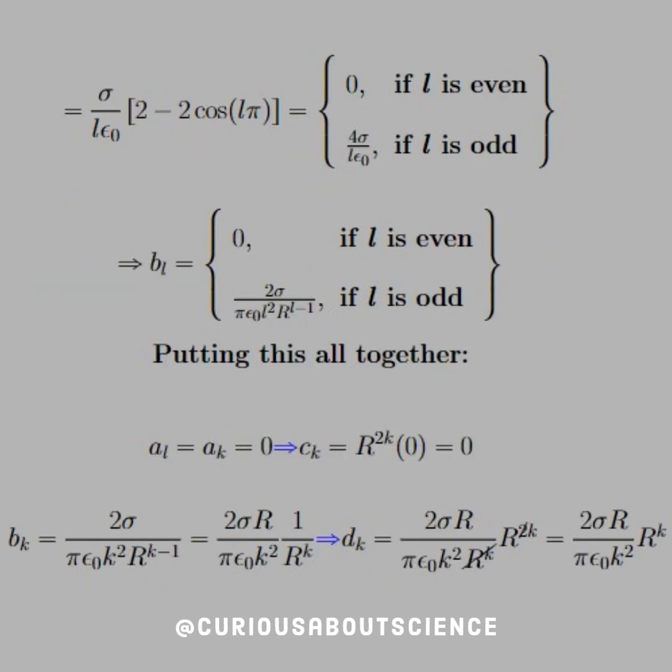Then for k equal L, we evaluate the same way, but this time with the piecewise distribution, we see that the integrals are actually evaluated to 2 minus 2 cosine L pi. And if you factor out a 2, you'll notice that it's 1 minus cosine, and cosine of any factor of pi is plus or minus 1. So we get a cancellation to 0 if L is even, or we get 4 sigma over L epsilon naught if L is odd.